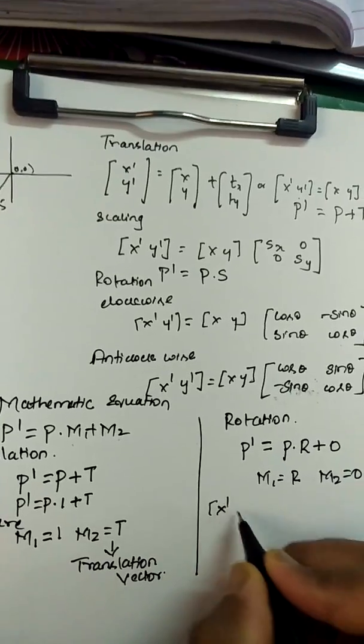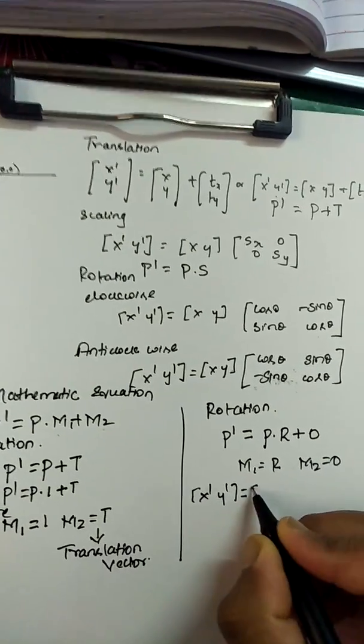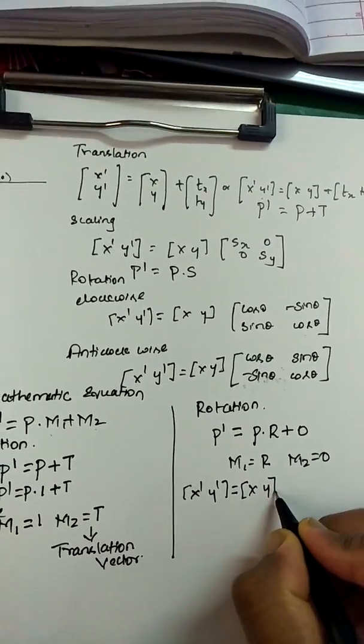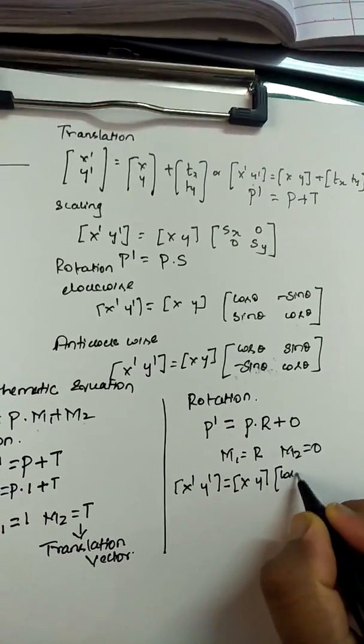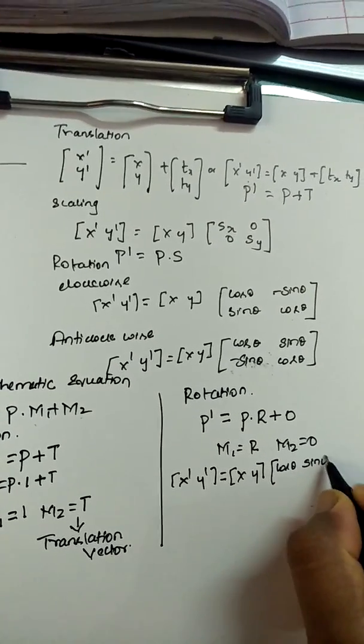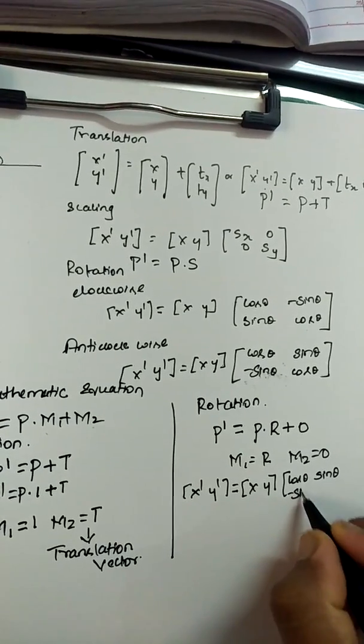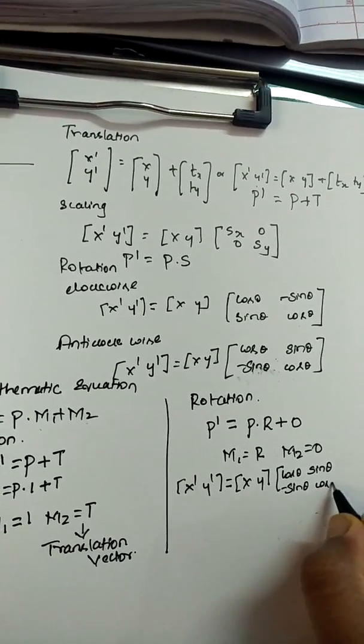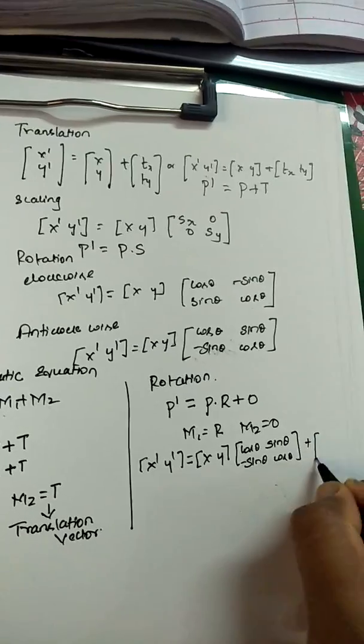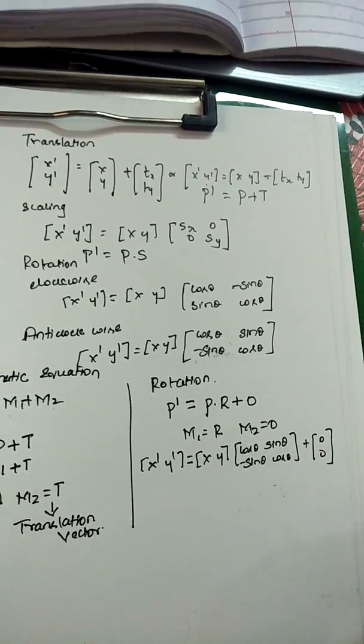Something like this: x dash y dash equals x y times cos theta, sin theta, minus sin theta, cos theta, plus 0 0. I am taking anti-clockwise here.